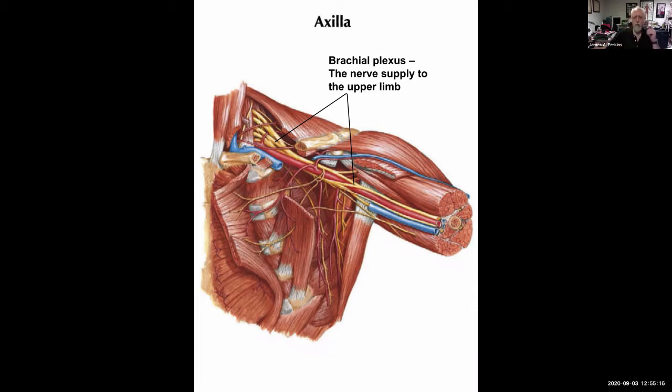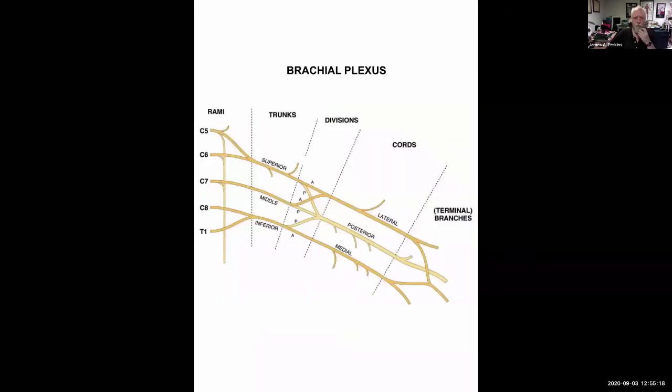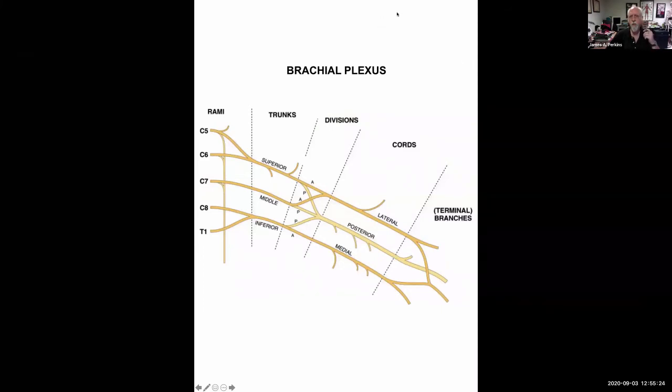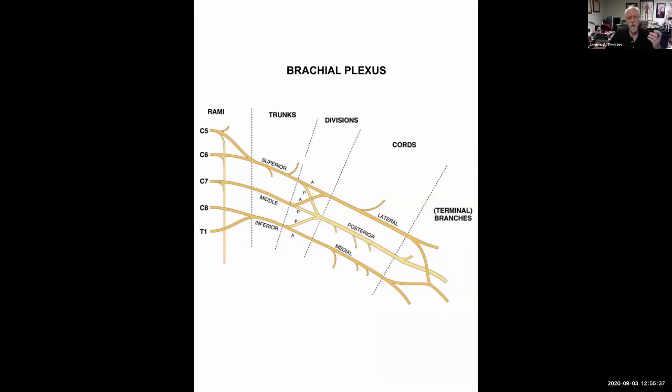So let's talk about the pattern of the brachial plexus, and we'll start off with just this simple schematic view. First of all, the brachial plexus is made up of the ventral rami of 5 of the spinal nerves.